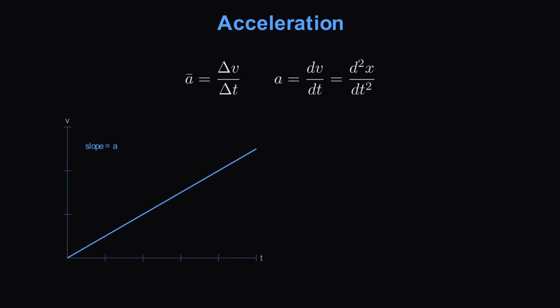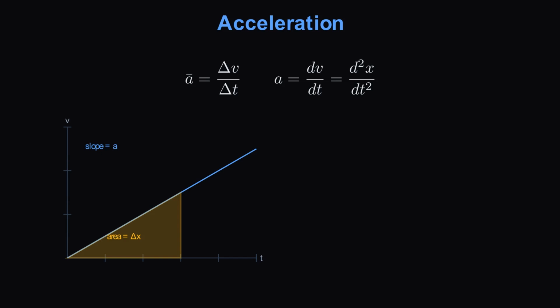Because v is already the derivative of x, acceleration is the second derivative of position with respect to time. a equals d squared x over dt squared. On a velocity versus time graph, acceleration is the slope, just as velocity was the slope on a position time graph. And there is a beautiful reciprocal relationship.